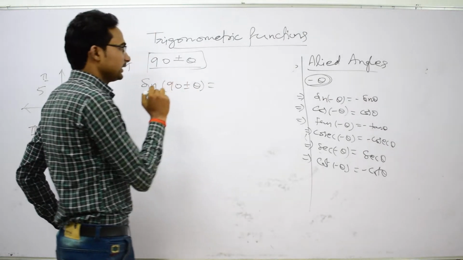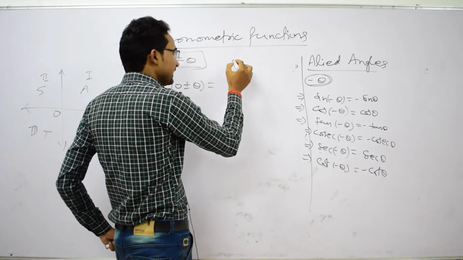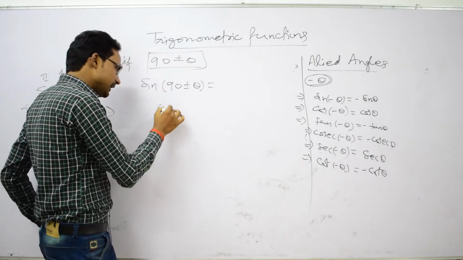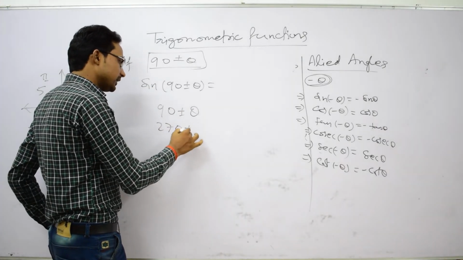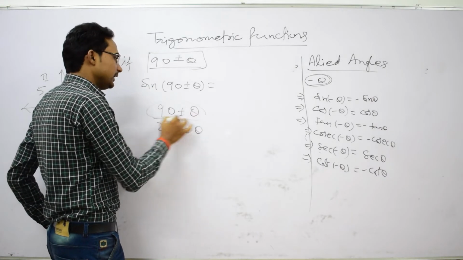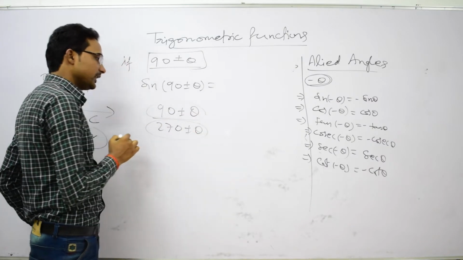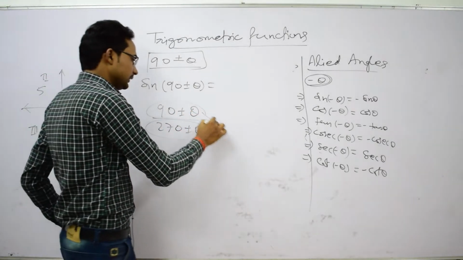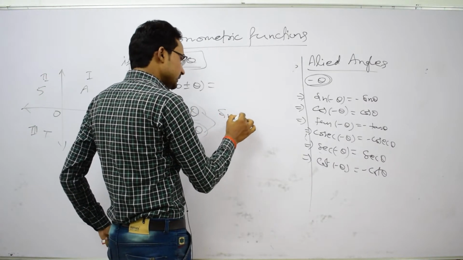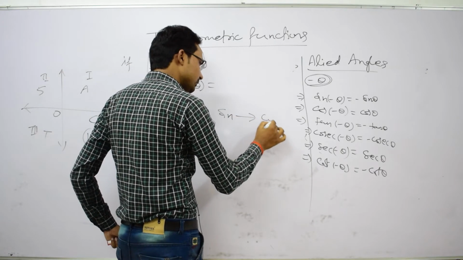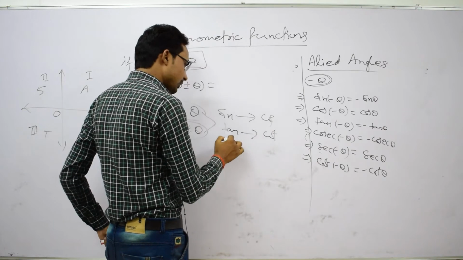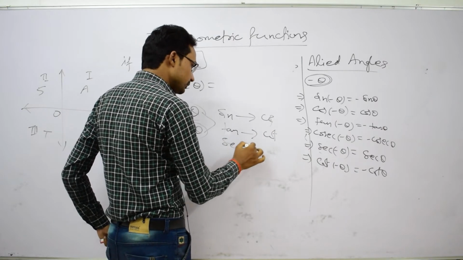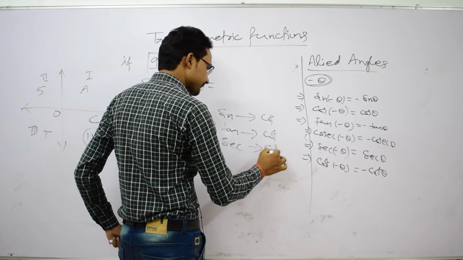Firstly, one more thing here, just understand, in case of 90 plus minus theta and 270 plus minus theta, in short form, this I am representing here, sin will change into cos, tan will change into cot, and sec will change into cosec.